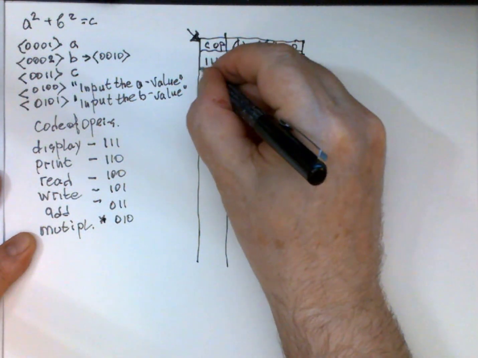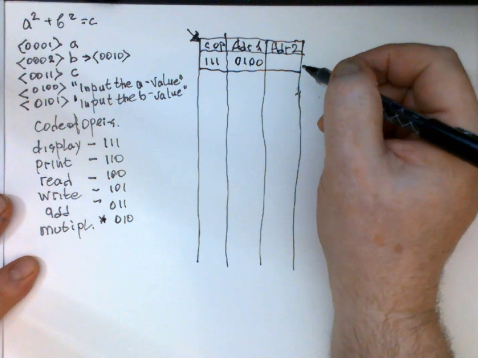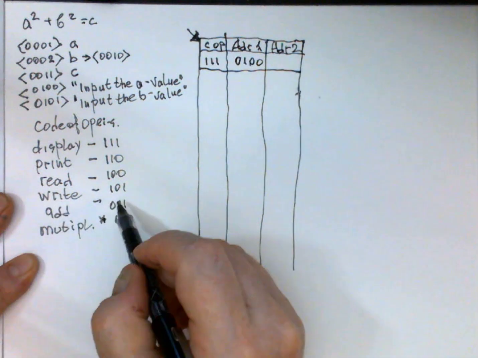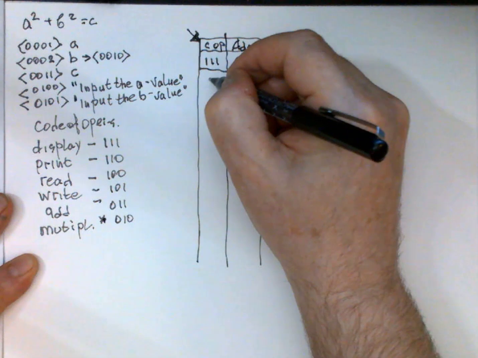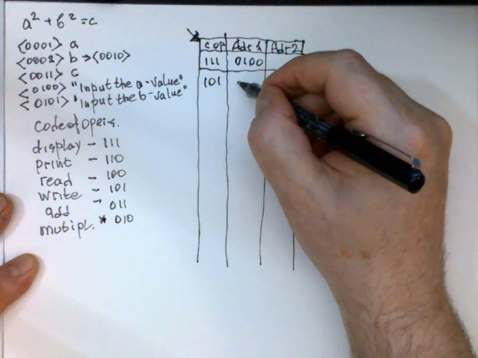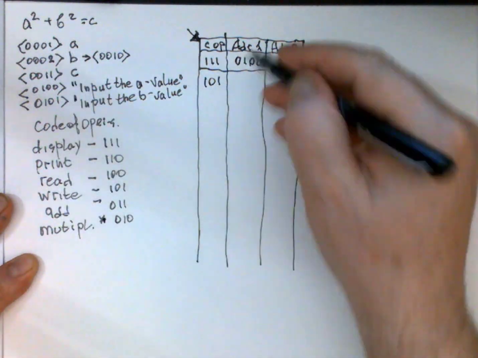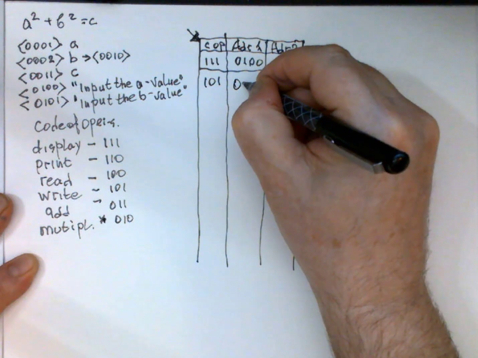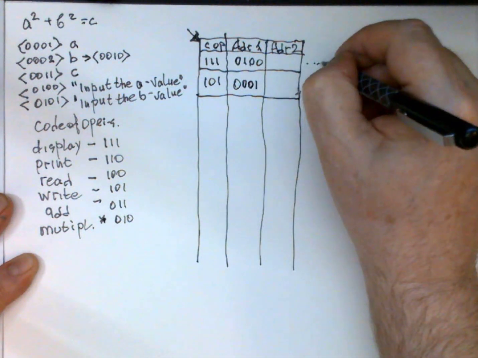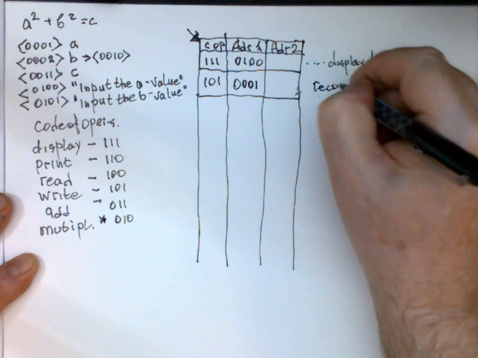After my user input the cell, I need to record what user typed, and that will be write. Code operation is 101, and then I need to put it into A. A is 0001. So that is display input A, record A.